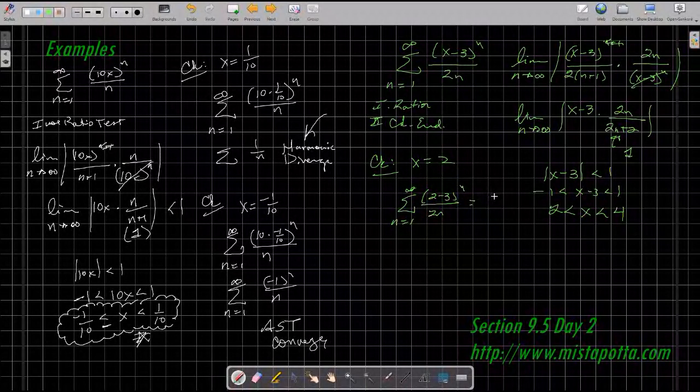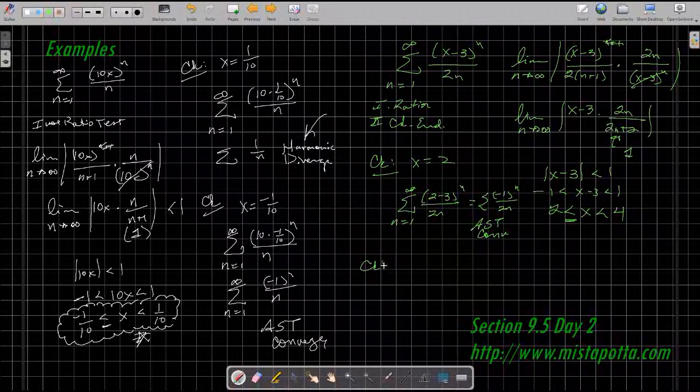And this is really going to be the sum of negative 1 to the n over 2n. And this satisfies the alternating series test, so this converges. So I can include that endpoint. That endpoint is a good endpoint.